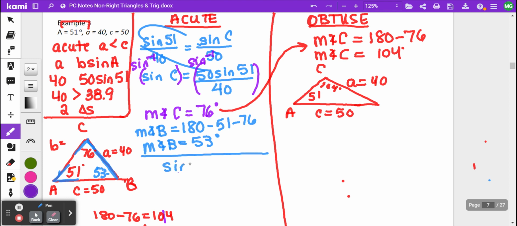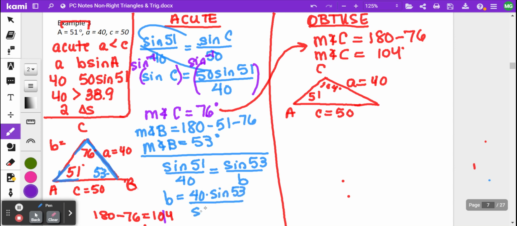So we'll start with the sine of 51 is to 40 as the sine of 53 is to side B. And you're going to cross multiply and then divide. So you'll get B equals 40 times the sine of 53 divided by the sine of 51.